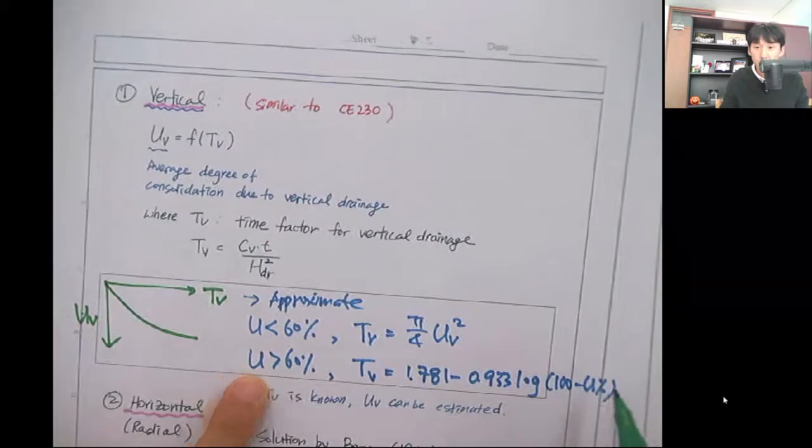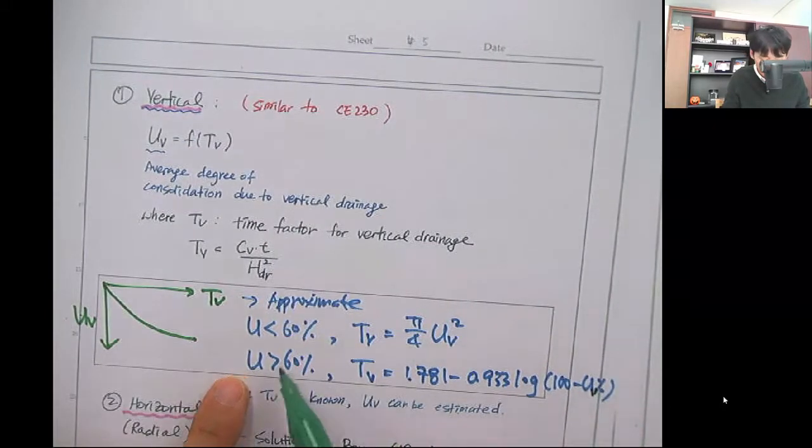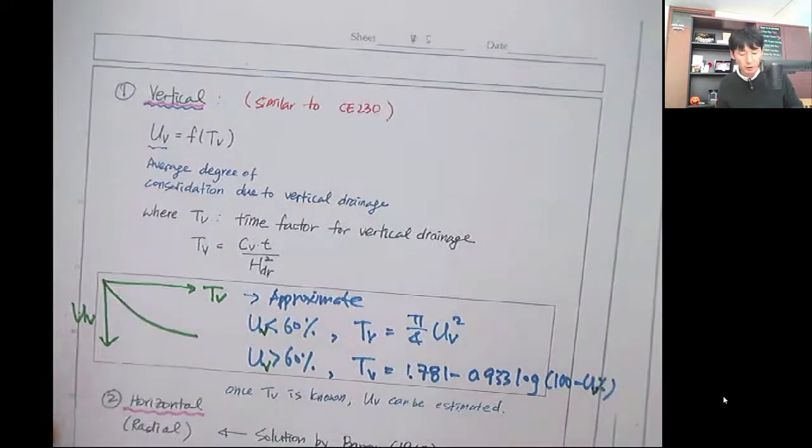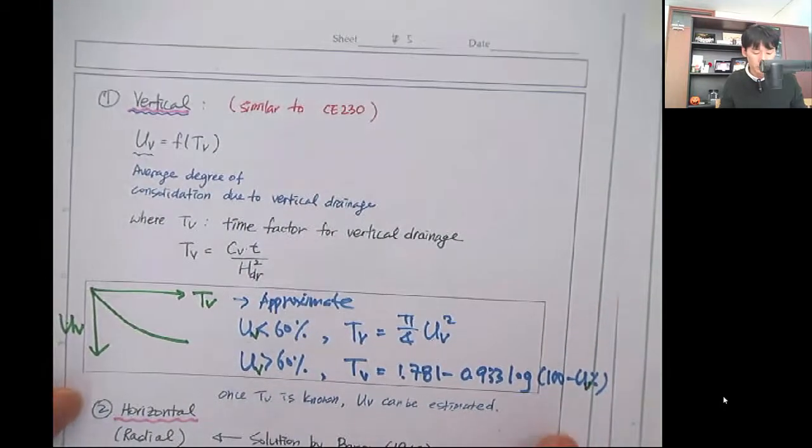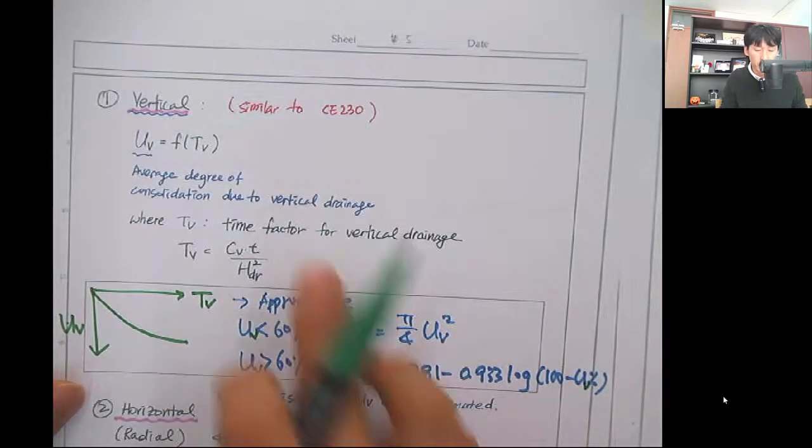This is UV. UV is the degree of consolidation due to the vertical drainage.